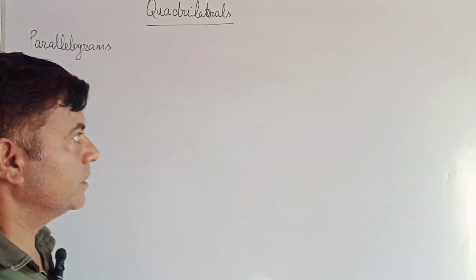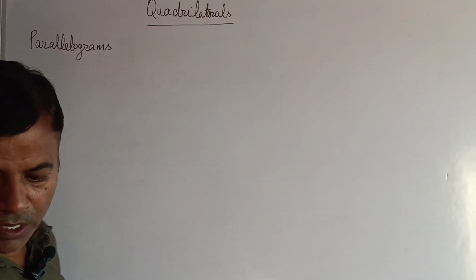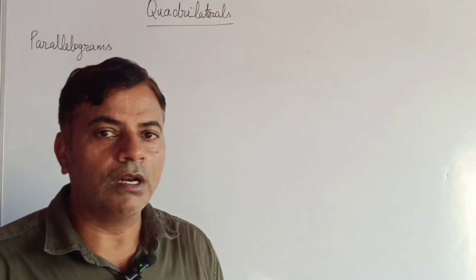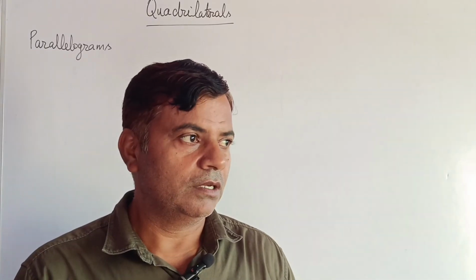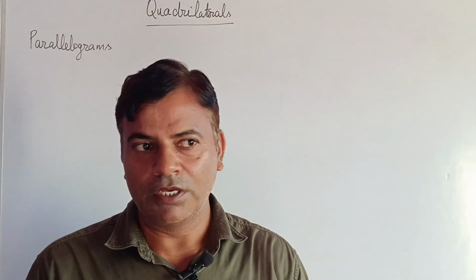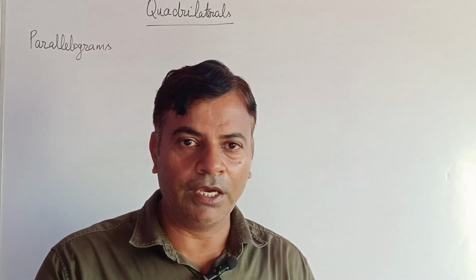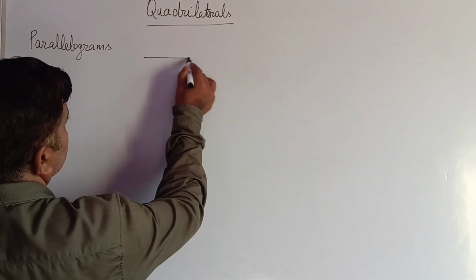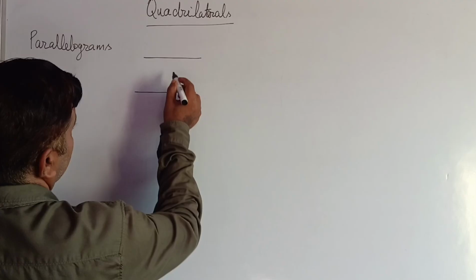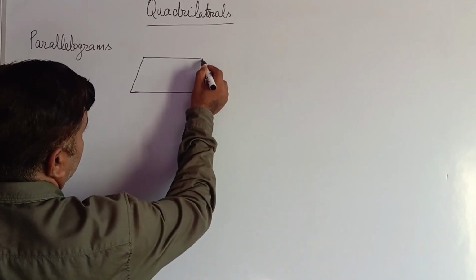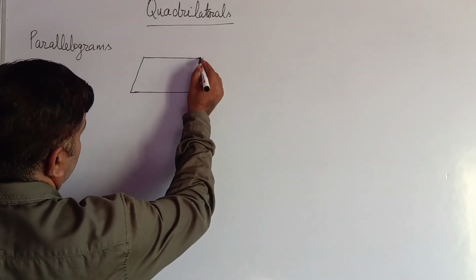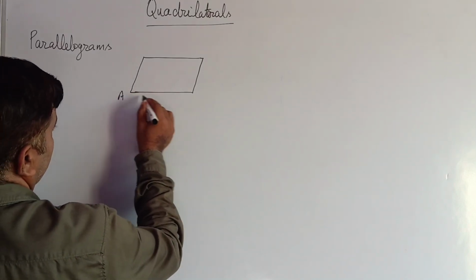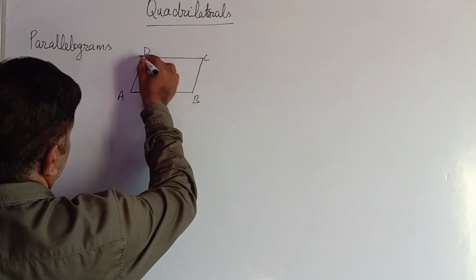The first quadrilateral is the parallelogram. In a parallelogram, the opposite sides are equal and parallel to each other. We shall illustrate this by constructing a parallelogram ABCD.